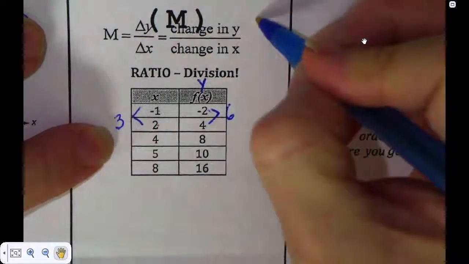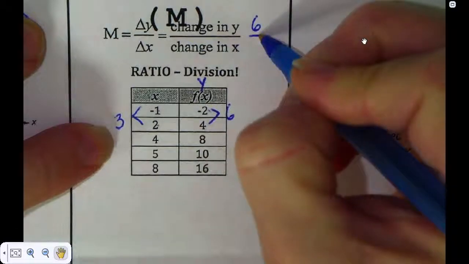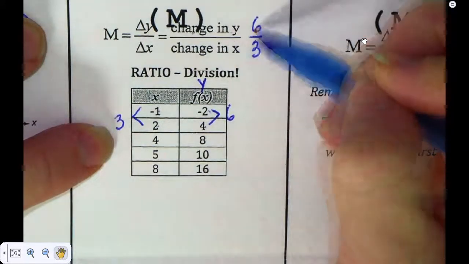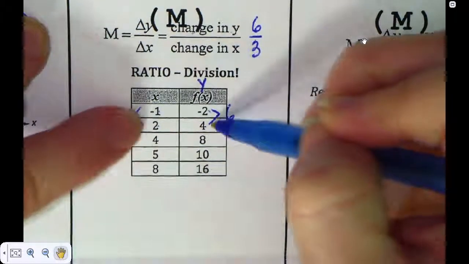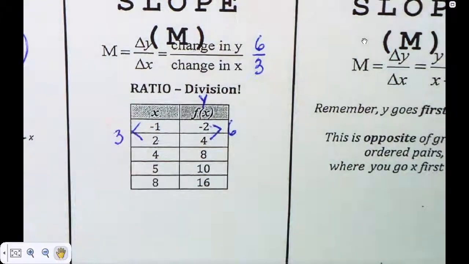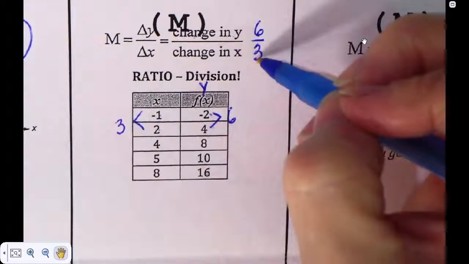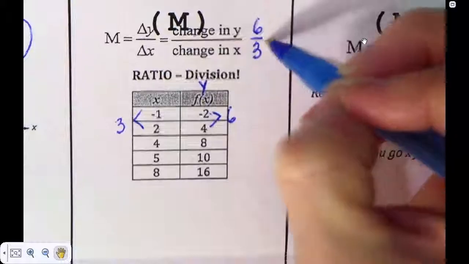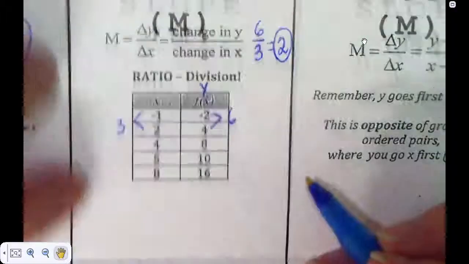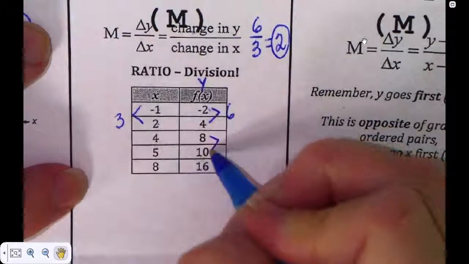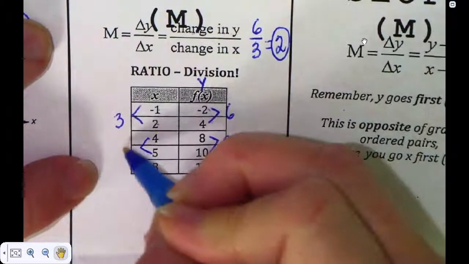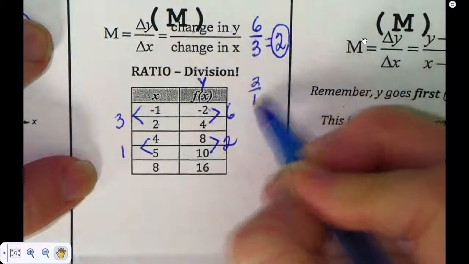So what's the rise? 6. What's the run? 3. It's the same thing: the change in y over the change in x. If these points were on a graph, we'd get the same thing. 6 over 3, which equals what? 2. Now, you also could come down here and do, what's the difference between 8 and 10? 2. And the difference in 4 and 5? 1. And what's 2 over 1? 2.